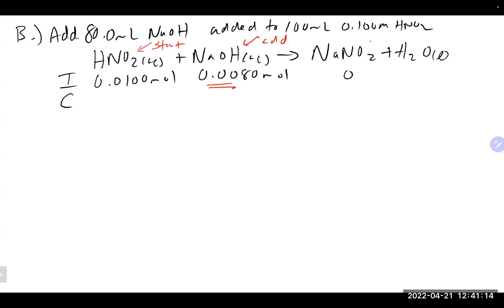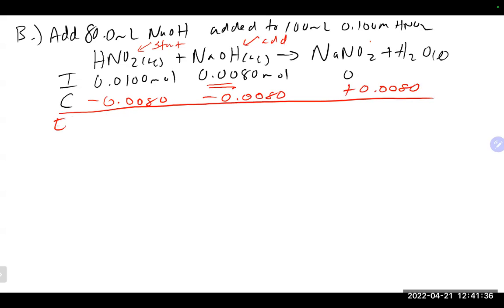So that means we are before the equivalence point. Your ice table can help you determine that. That also means that the sodium hydroxide should be our limiting reagent. So our change would be 0.008, 0.008, and a plus 0.008 here.